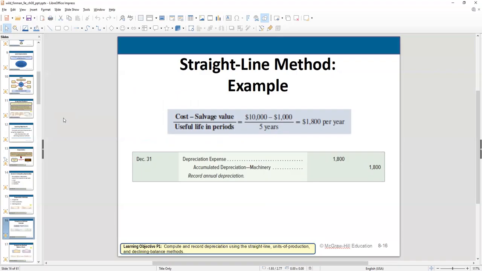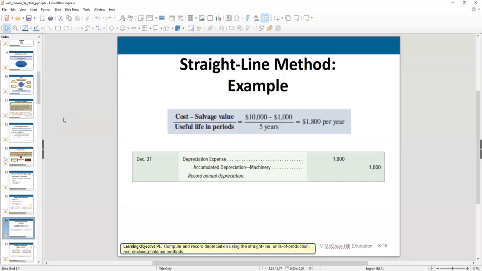So next we have, when we're determining the straight line method, we're going to take the cost minus the salvage value and divide it by the number of periods or years. And in our first example, we're going to take $10,000. That's the acquisition cost. We're going to subtract out the salvage value of $1,000.